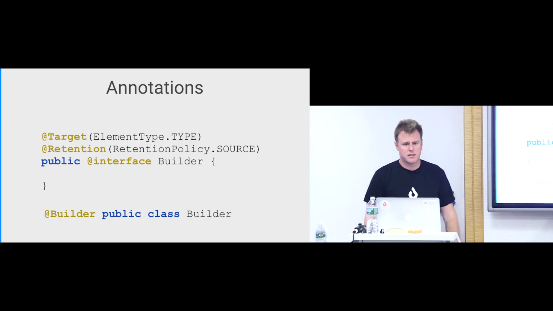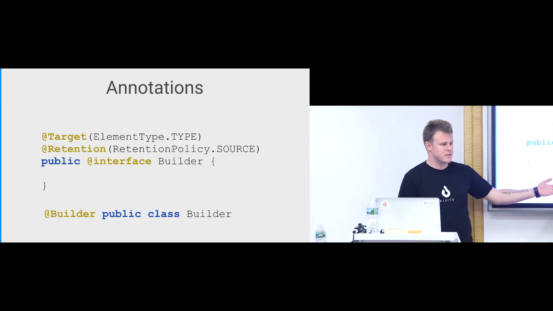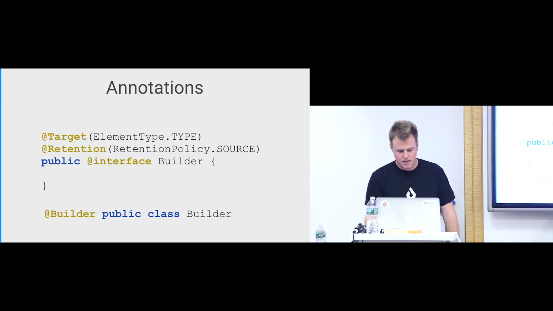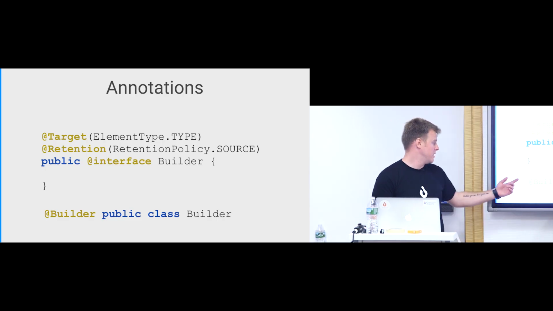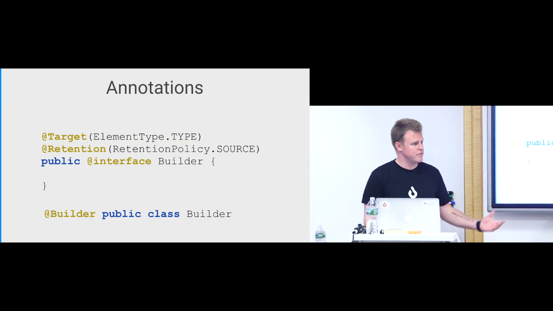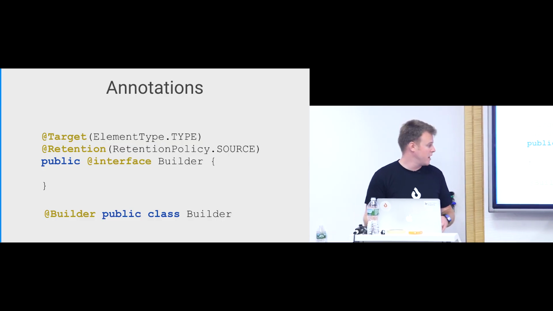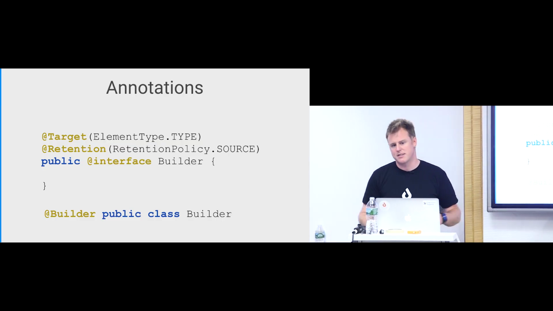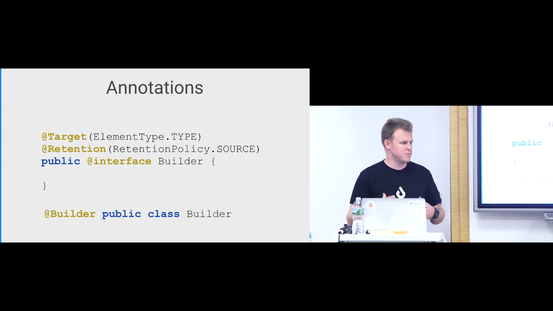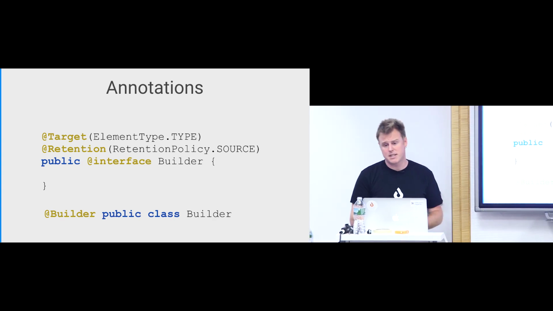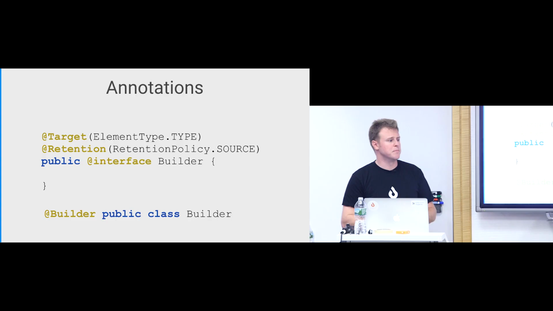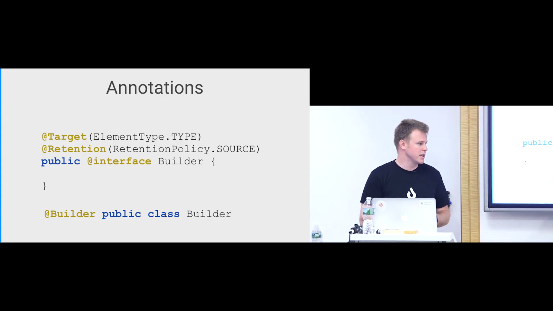Because of the target, we tell it we're targeting a type, so that's how we know this is valid for a class. And because of the retention policy, once this Java source file gets turned into a class file, this annotation will no longer be present, which is nice because, if you have a lot of annotations, it keeps your code clean, your generated code clean, reduces load time, that sort of stuff.